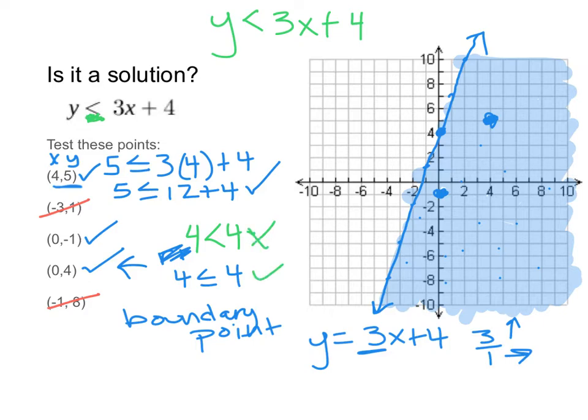So in that situation, instead of having a solid blue line, you would have a dashed line like that to show that the points that are actually on the line don't work, but that's where the boundary is. It's sort of like having an open dot versus a closed dot when you're doing a number line.